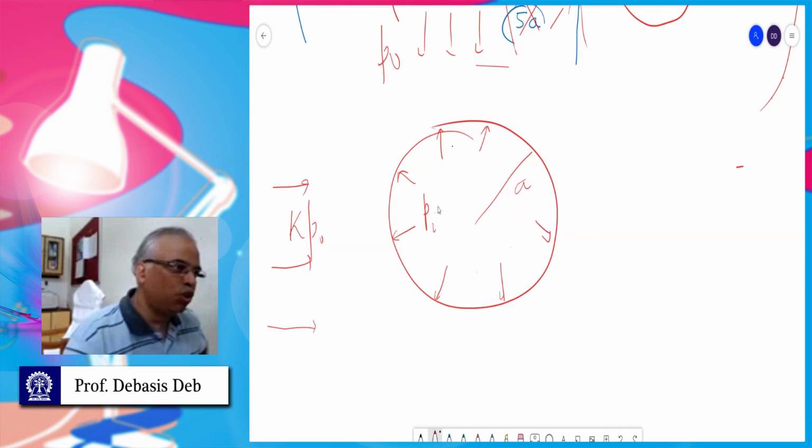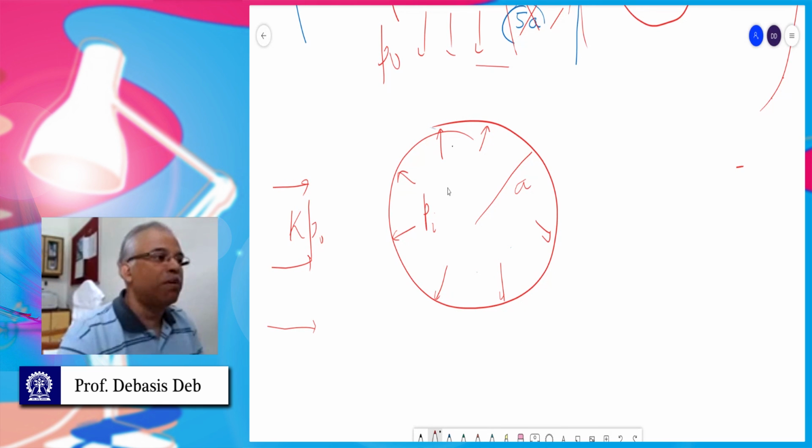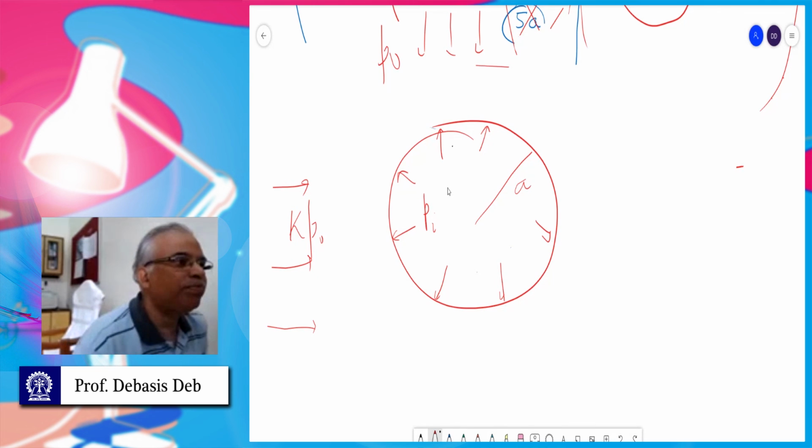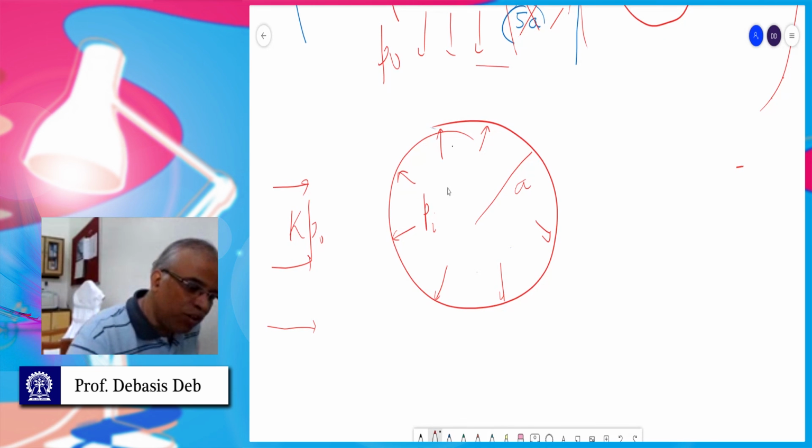Maybe I'll show you the picture also. But right now, you assume that we put some lining material or some supporting material here, which is giving a pressure to that boundary so that it doesn't collapse. And they are uniformly given.